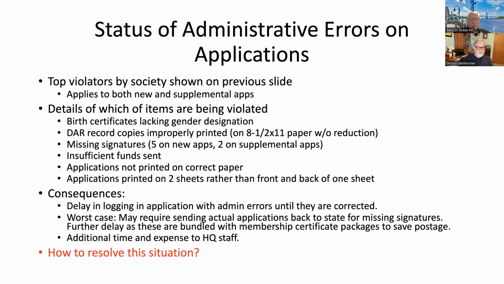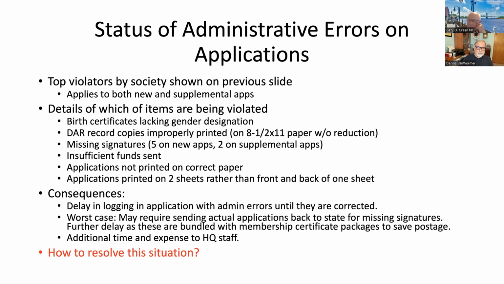So there's a delay as far as the application goes in officially getting received and getting in the queue for review. Worst case is if you have missing signatures on the application, that application has to be physically mailed back to the state for those missing signatures by Jonathan Toon. And recently, due to the construction at headquarters, there's an even further delay because of the construction and the financial issues at headquarters, that Jonathan Toon now holds them and bundles them for when he sends back membership certificate packages to save postage.